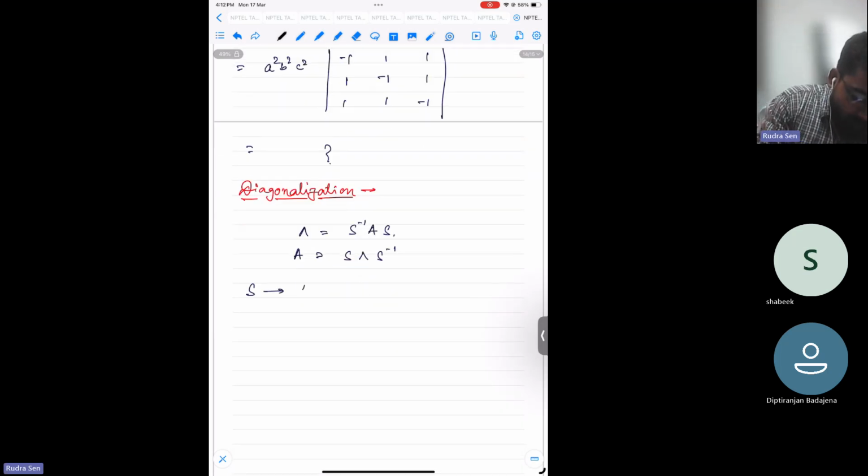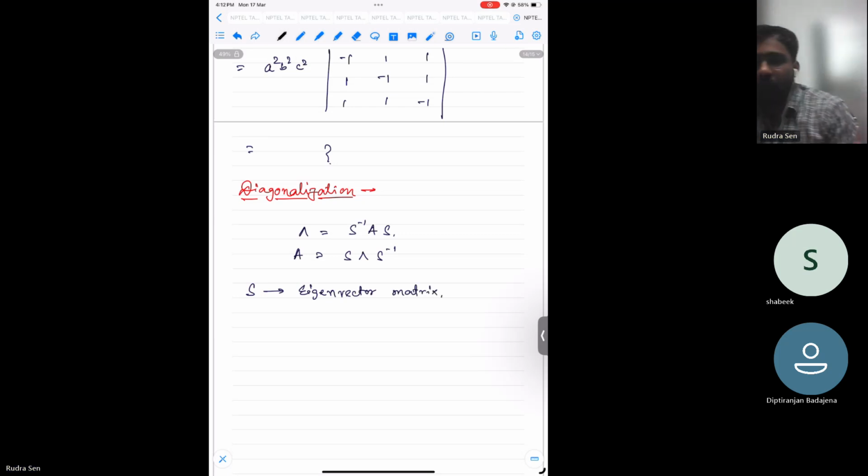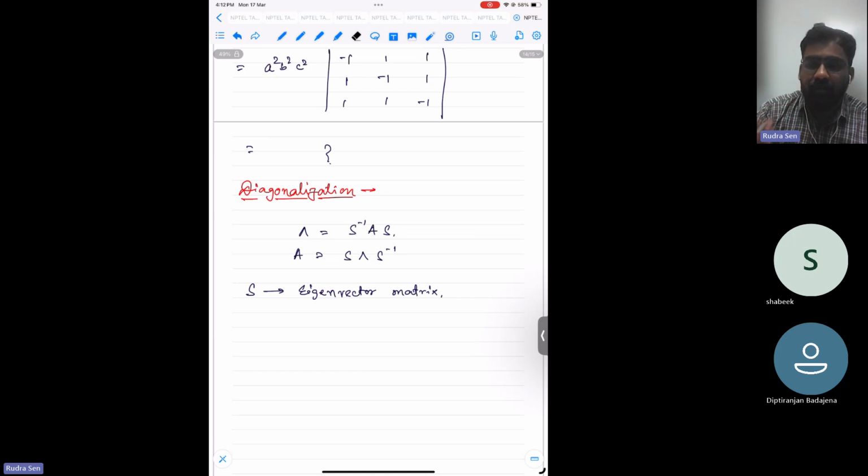So S is basically, you can call it an eigenvector matrix over here. So if the eigenvalues of A are different, then obviously for different eigenvalues, we get different eigenvectors, and those are linearly independent. So definitely S is basically a full rank matrix. S would be a full rank matrix, so we can find out the inverse of that matrix.